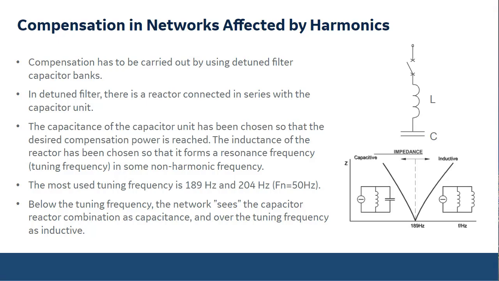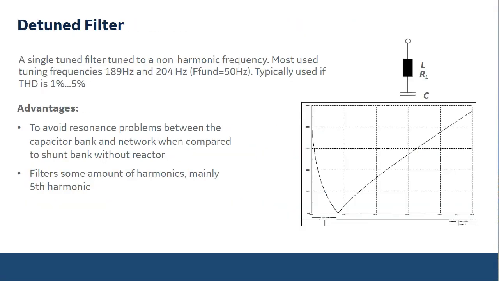Then the next one, this is the detuned filter. So this is now like a single tuned filter, but it's now tuned off from any specific harmonic. So this is now to avoid resonance problems. So in here, it's very similar. It is the same thing as single tuned filter. We have a reactor and then we have a capacitor in there.